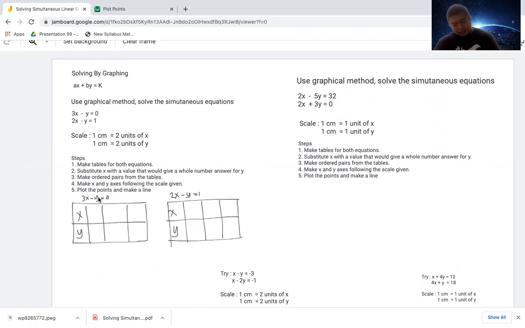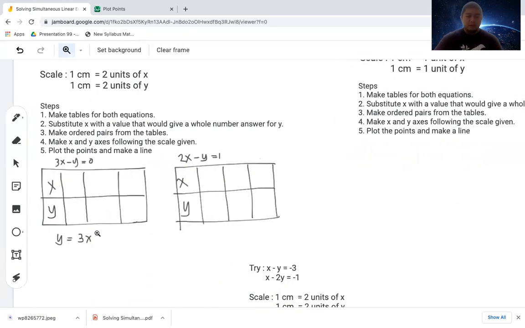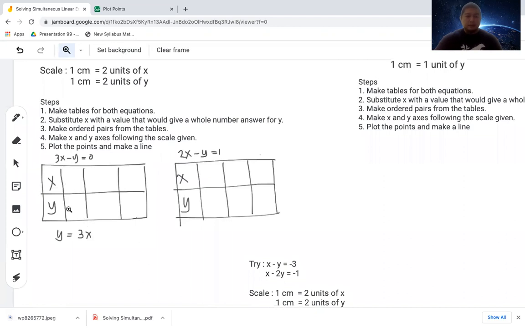We can say that 3x minus y is equivalent to 0 can be rewritten as y is equivalent to 3x. Which means that for you to be able to find the coordinates, what you need to do is to substitute particular values for the x so that we can have a certain value for the y.